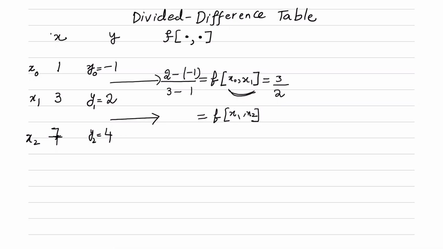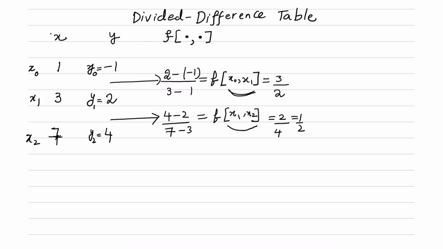This column will involve 2 x's in each term. So f of x1 x2. Now let's calculate this term. Since the arrow is between 2 and 4, second value minus first, 4 minus 2 divided by last x minus first x. x2 minus x1, x2 is 7, x1 is 3. This is 2 by 4, which is 1 by 2.